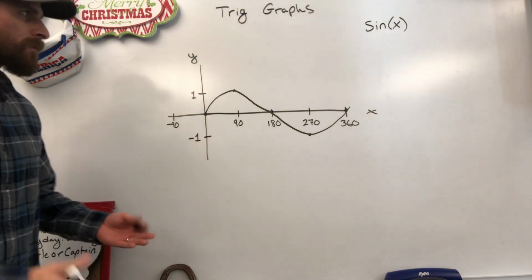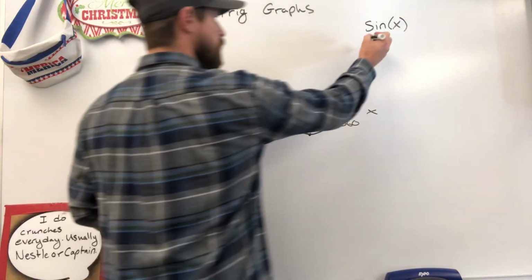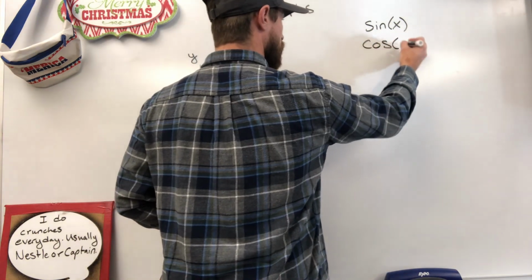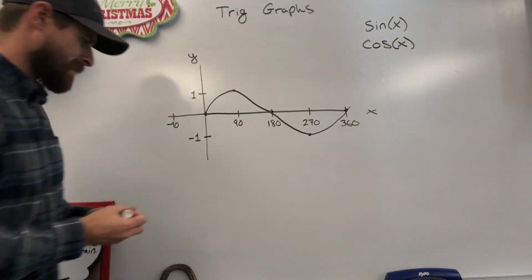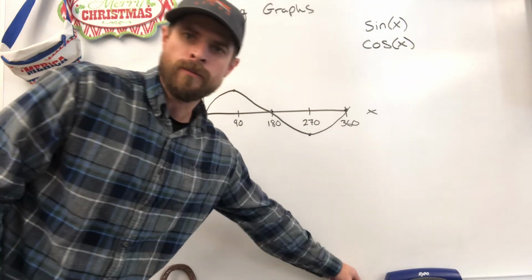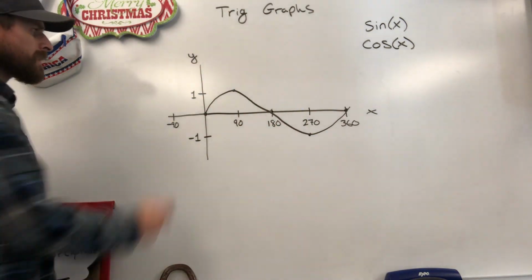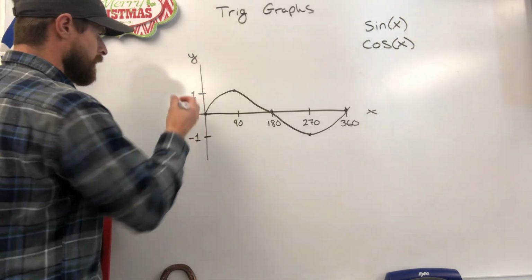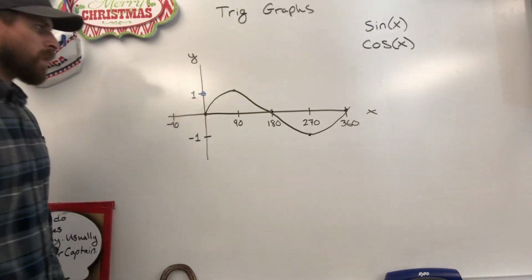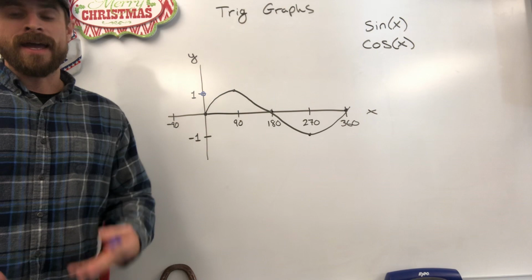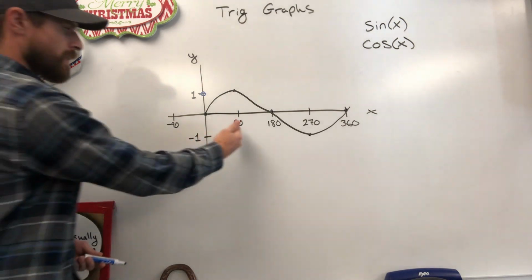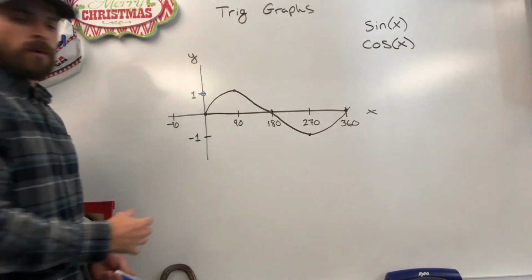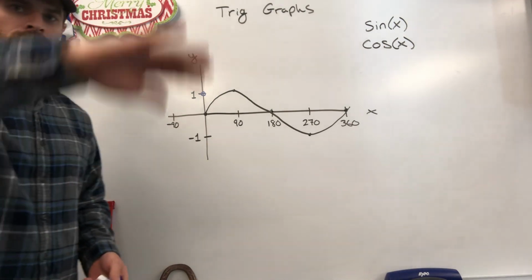Okay, now the only difference from sine to cosine, which I'll do in a different color for you, cosine x, I'll graph that one in blue. The only difference is that you're not starting at 0, 0 like you are with sine, you're starting at 0, 1. So I can put a dot right there at 0, 1. And again, every 90 increment, I'm going to be going either down or up, down or up, down or up.